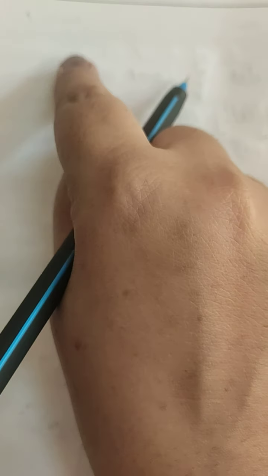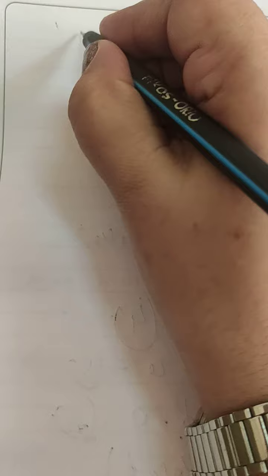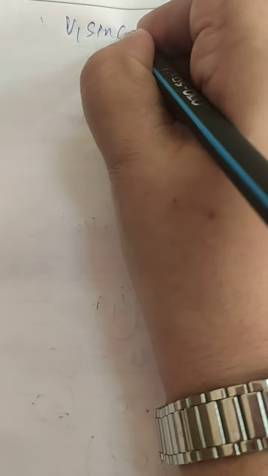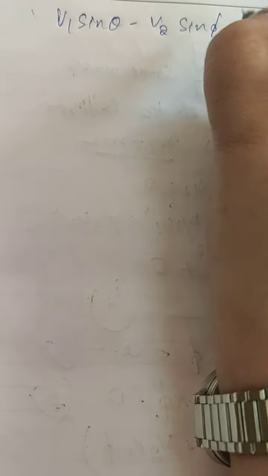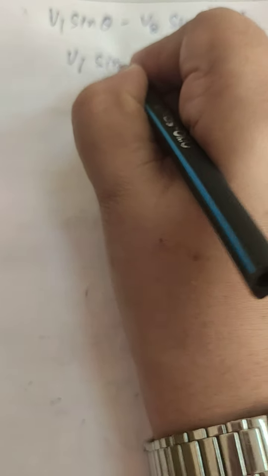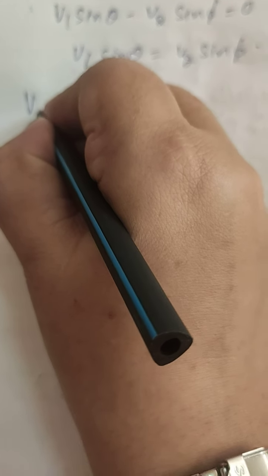Okay, so we also know from the equation of linear momentum along the vertical axis that v1 sin theta minus v2 sin phi is equal to 0. So this is v1 sin theta is equal to v2 sin phi. Okay, so just now we have derived the equation up to equation number 7.